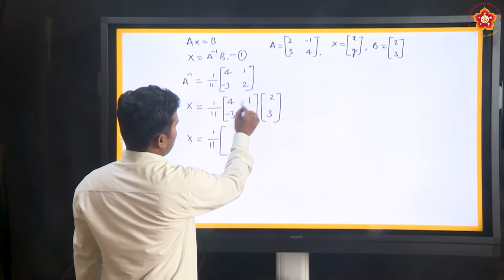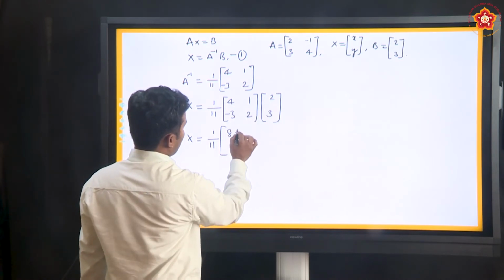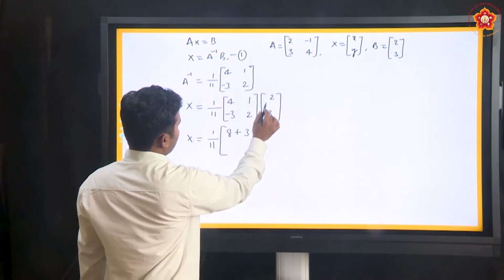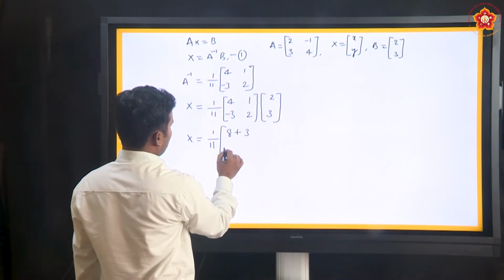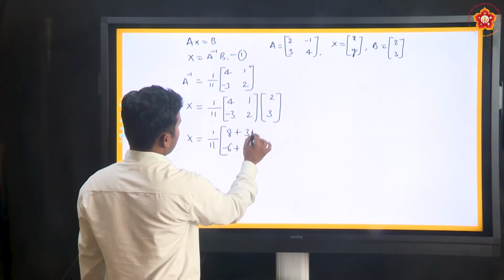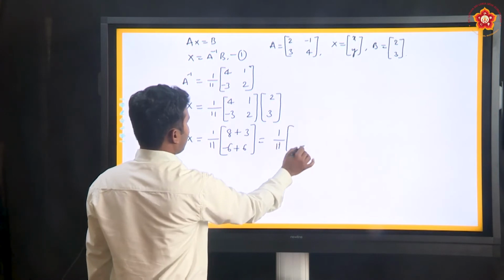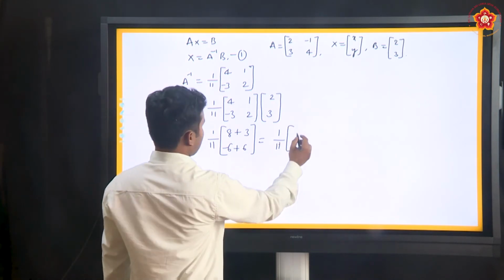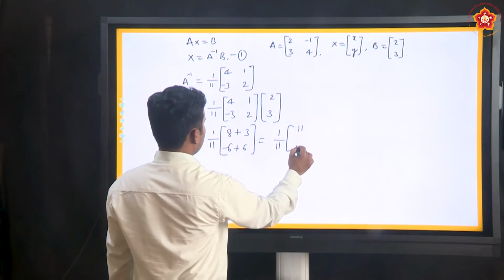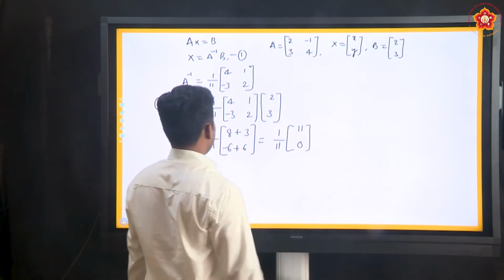Now, you just multiply 4 into 2 plus 1 into 3, minus 3 into 2 plus 2 into 3. So, what is this? This is equal to 1 by 11 into, what is that? 11, plus 6 minus 6 vanishes.